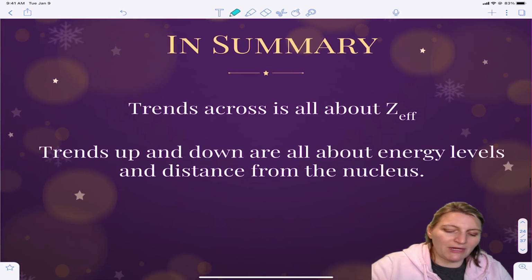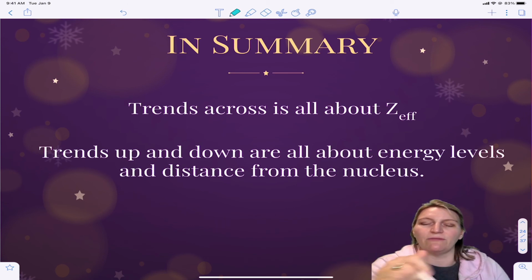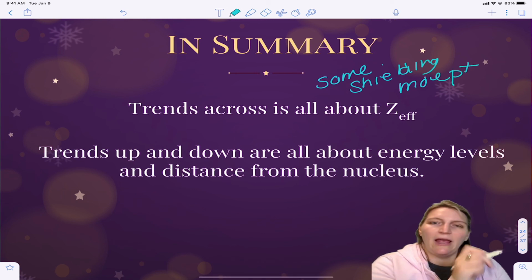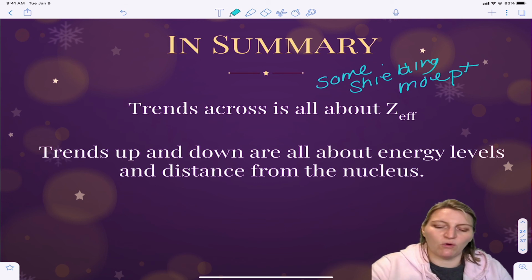So to sum it up, as you go across, it's all about Z effective. Same shielding, but more protons. As you go up and down, there's more shielding and more protons, so Z effective remains the same.